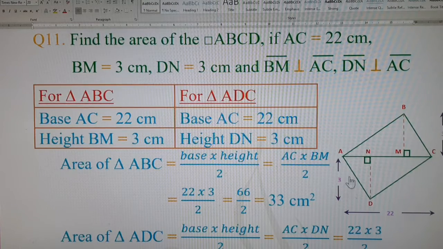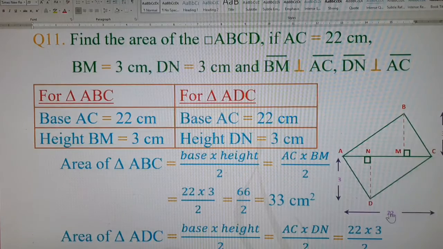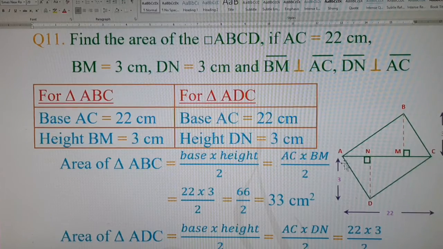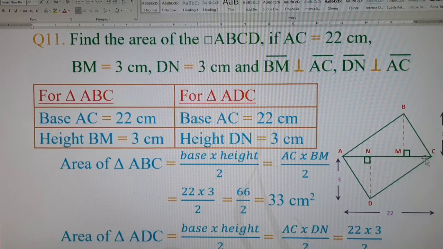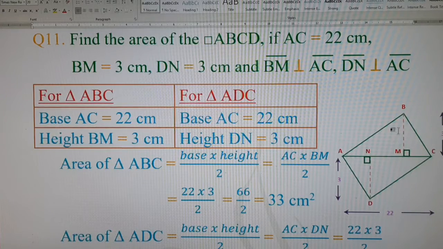This quadrilateral is known as quadrilateral ABCD, and AC is the diagonal, and line segment BM is forming a 90-degree angle with the diagonal AC. A 90-degree angle means this square symbol will be drawn in the diagram. This square symbol is a mathematical symbol which represents that the angle formed between these two line segments is 90 degrees.